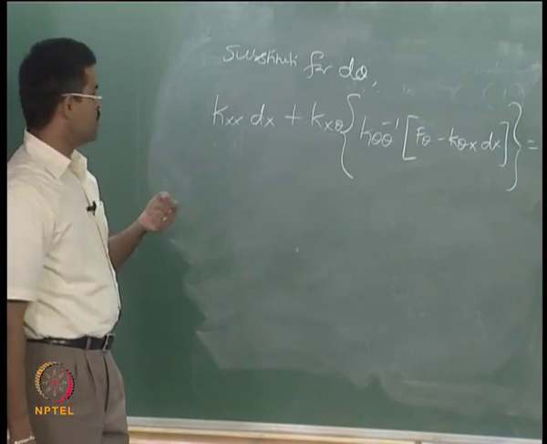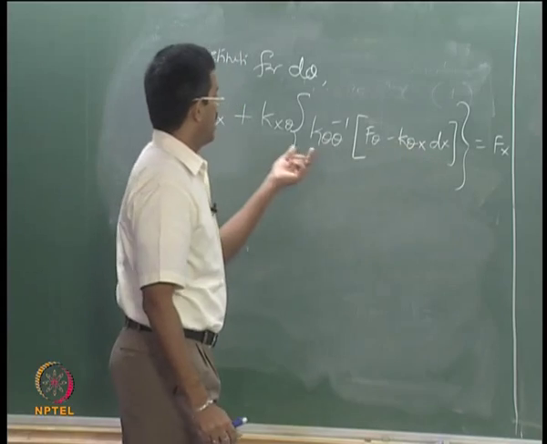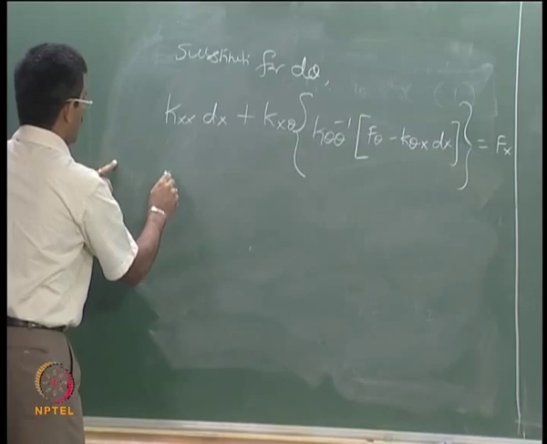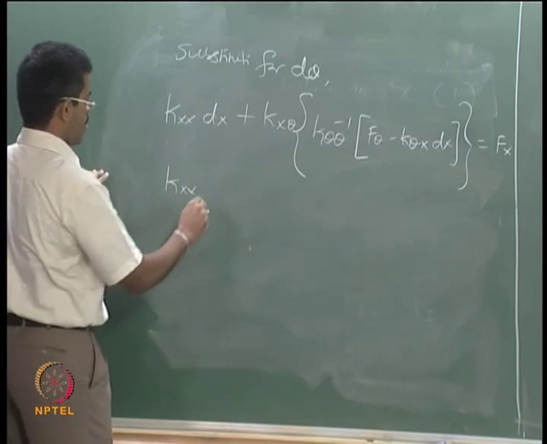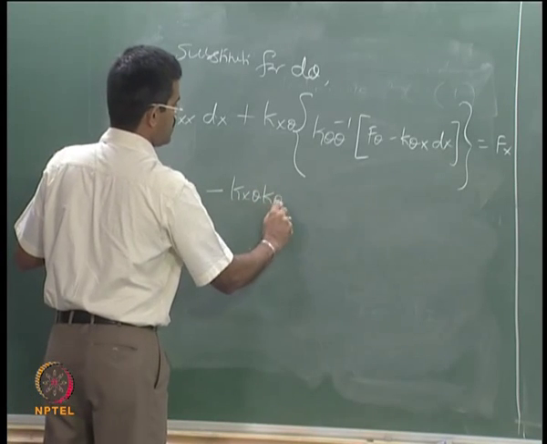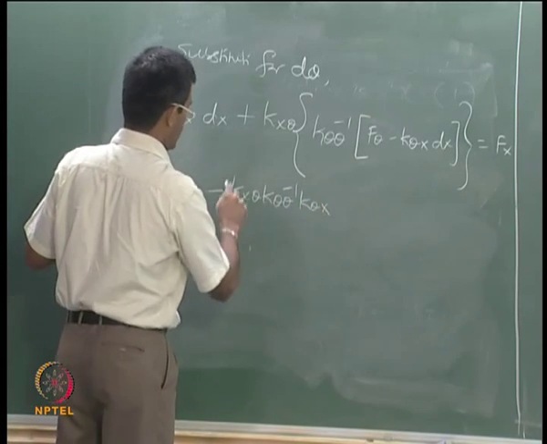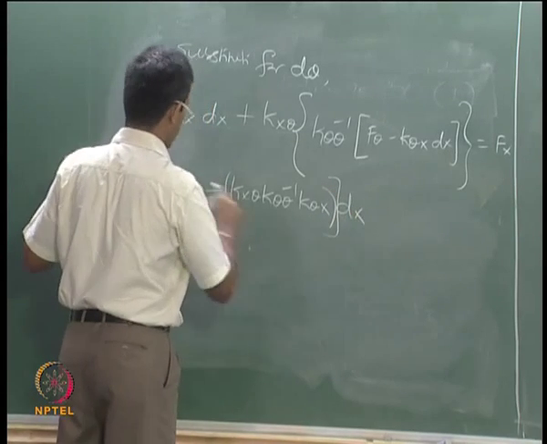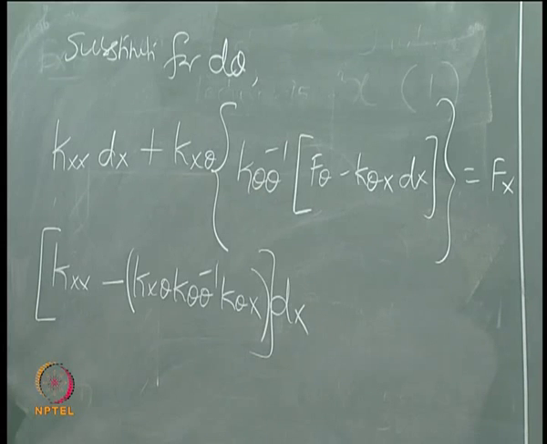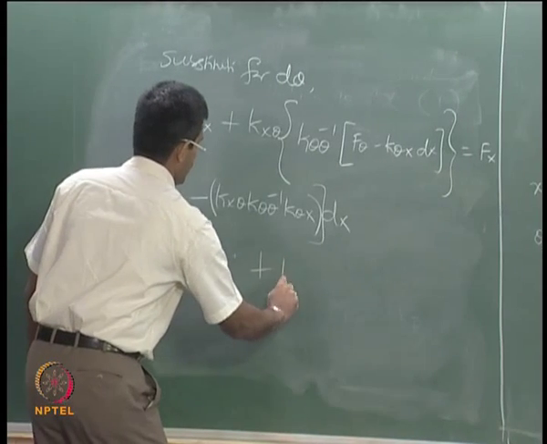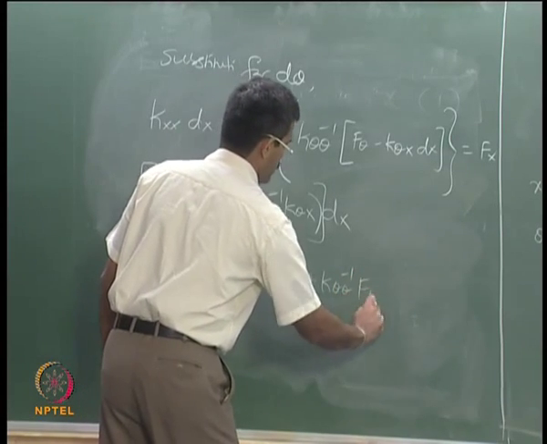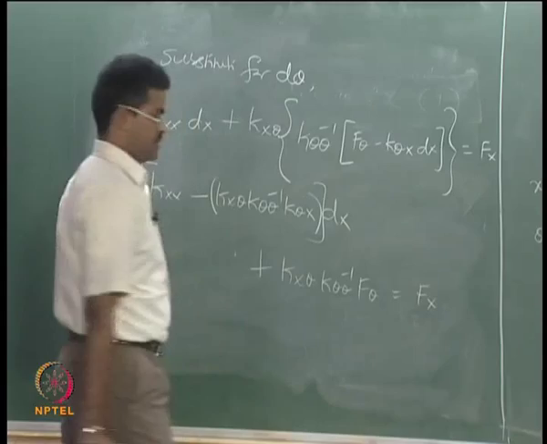So I have got two terms here, one is on dx, other is on d theta. Okay, let us separate this. So if you look at kxx minus kx theta, k theta theta inverse k theta x of dx plus kx theta k theta theta inverse of f theta should be fx.